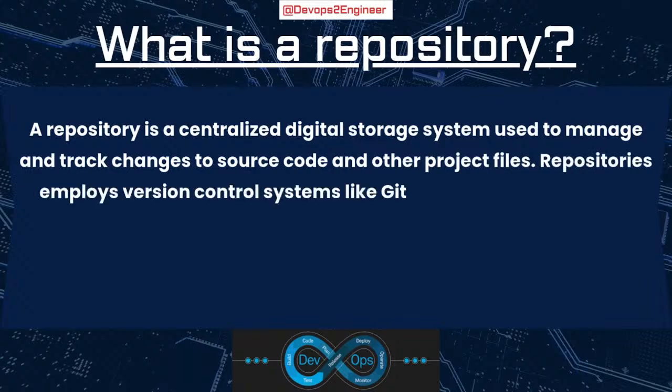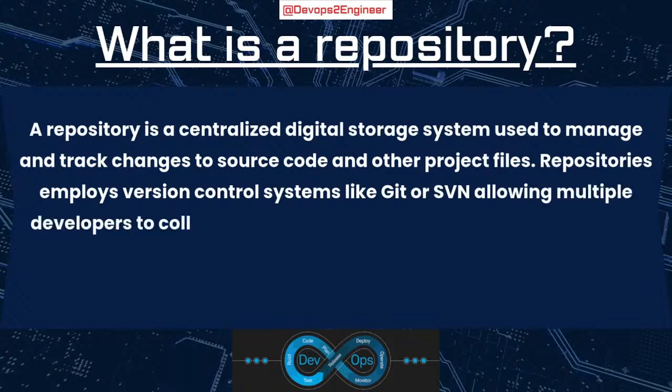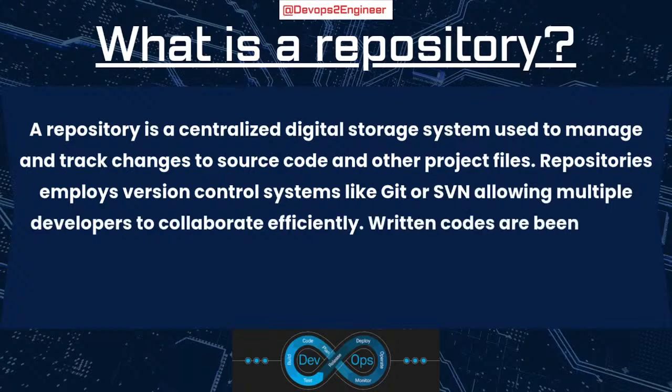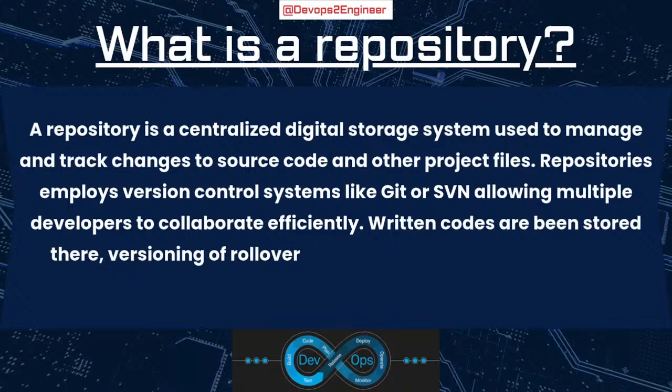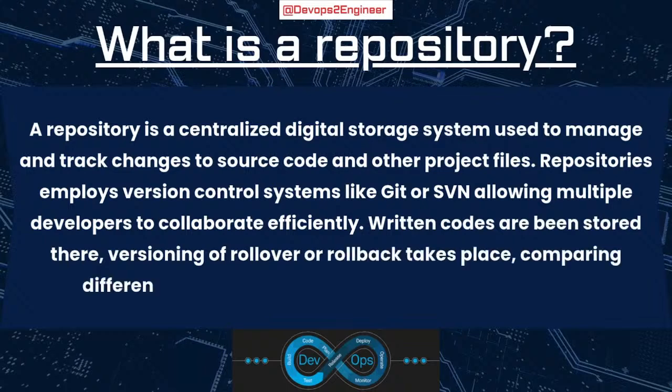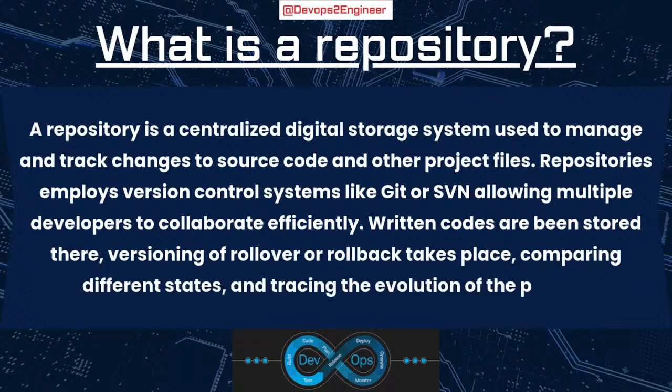A repository employs version control systems like Git or SVN, allowing multiple developers to collaborate efficiently. Written code is stored there. Versioning or rollback takes place, comparing different states and tracing the evolution of the project.